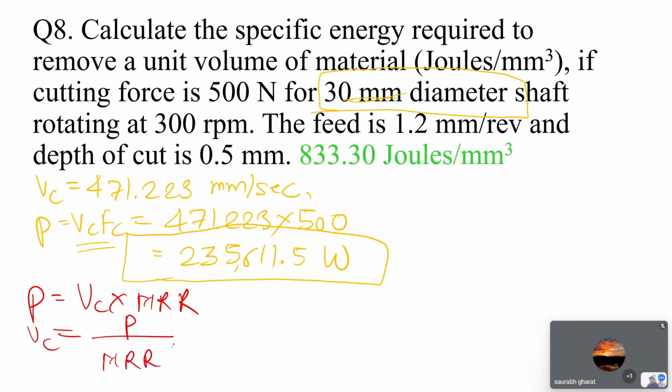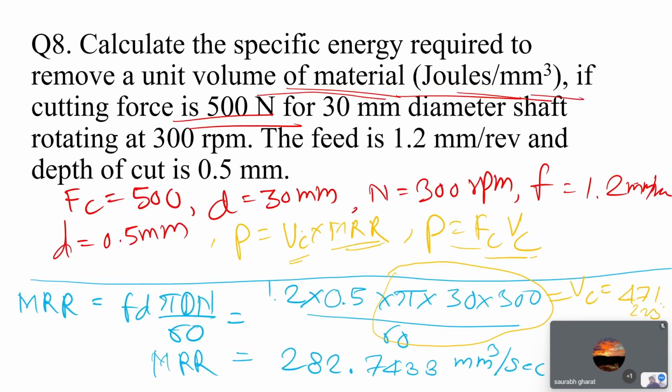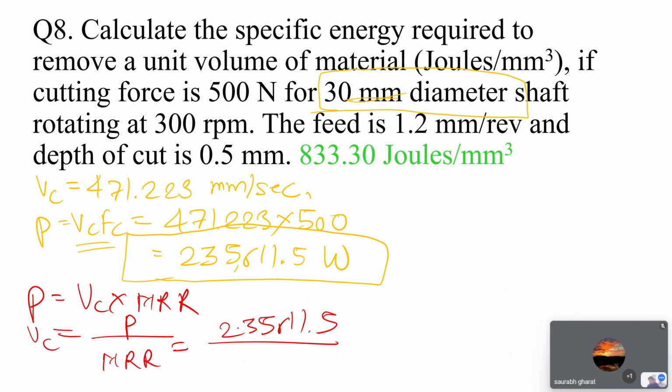Okay. So what is your power? It is 235,611.5 divided by your MRR calculated, which is equal to 282. So I'm putting in one value, 282. You can put the actual value 282 into 7433. Your answer will be 833.3053.